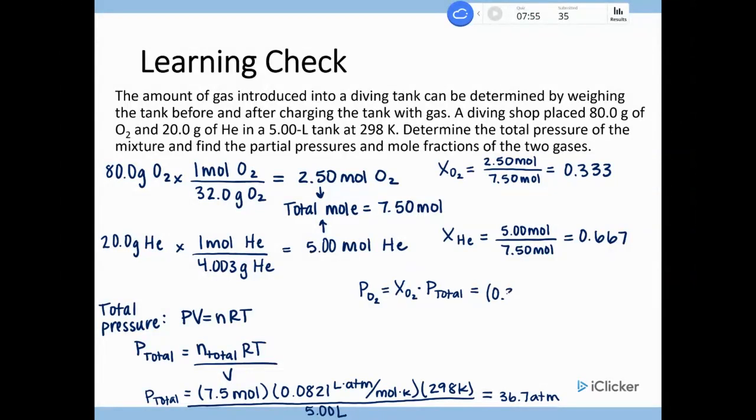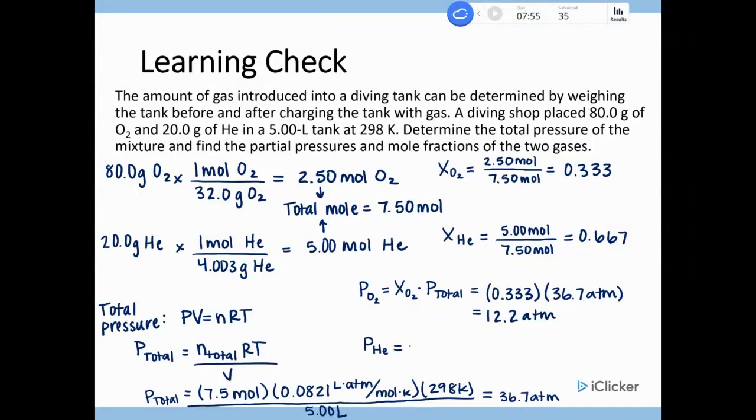So this is 0.333 times 36.7 atmospheres, and this is 12.2 ATM. That is the partial pressure of oxygen.